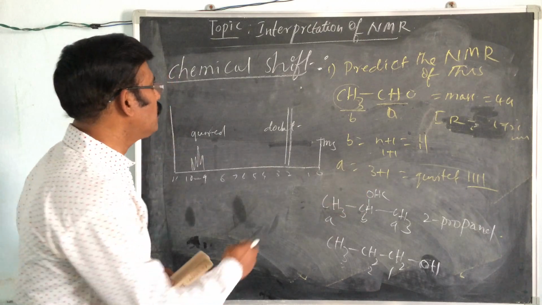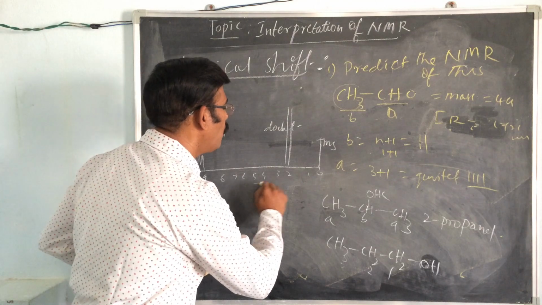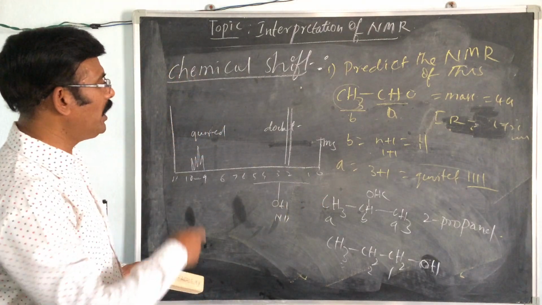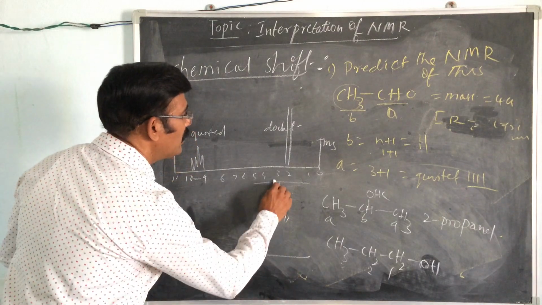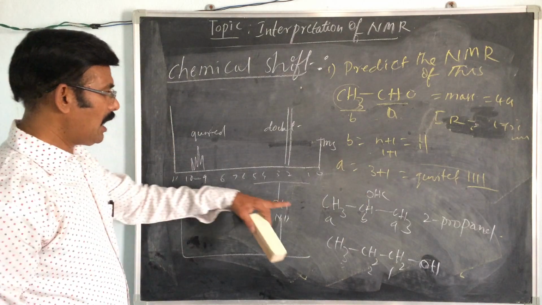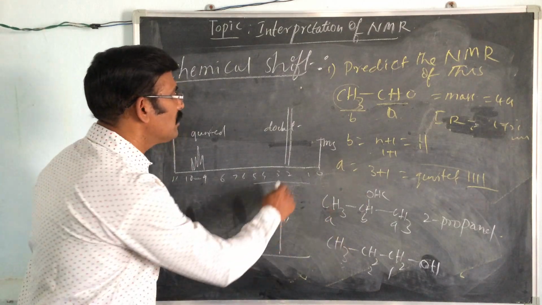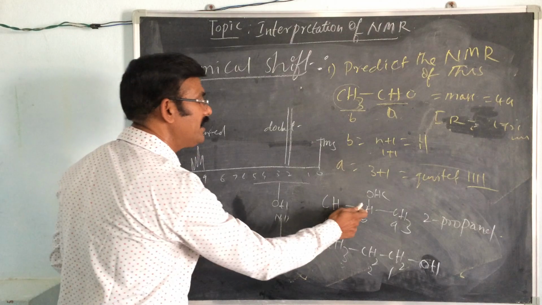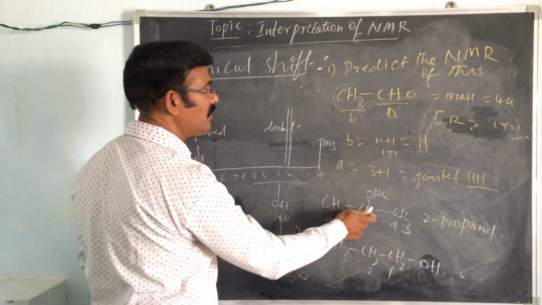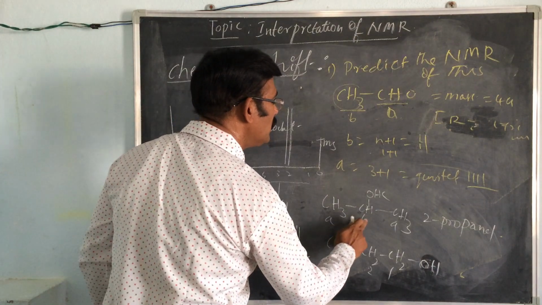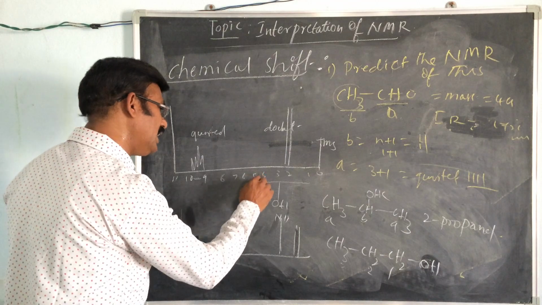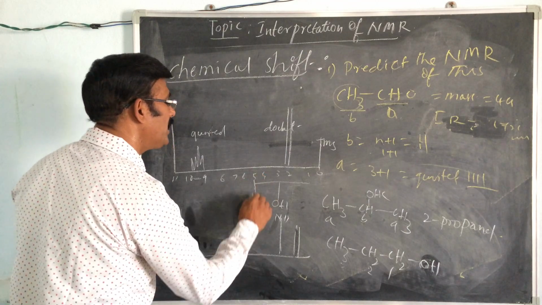The CH and the OH are present at 5 to 1, here the OH or NH, at the pi position. And this methyl group is at the 2 position, so a doublet will come. And for the B compound, the CH is attached to oxygen. Electronegative groups always come at about 5.